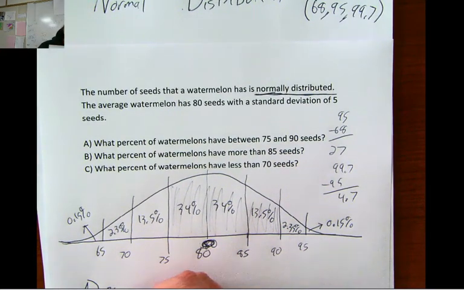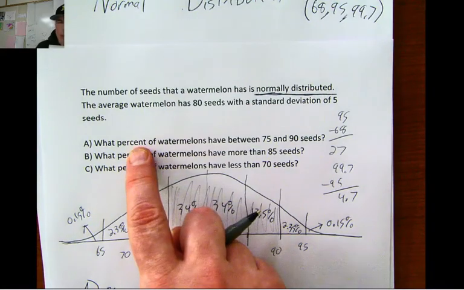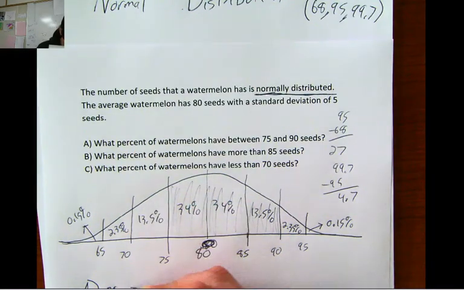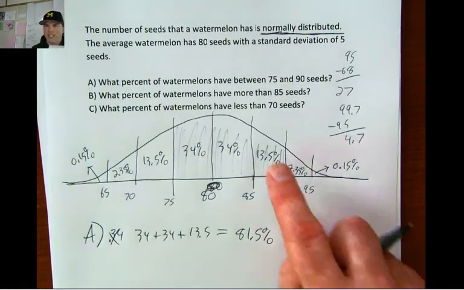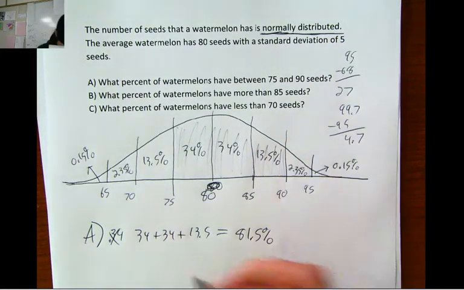It says what percent, so I'll use percents. So 34 plus 34 plus 13.5, and let's see, that's 68, which would be 81.5. So 81.5% of watermelons have between 75 and 90.